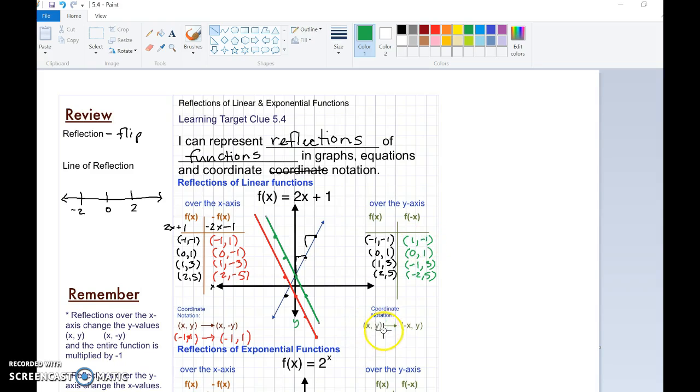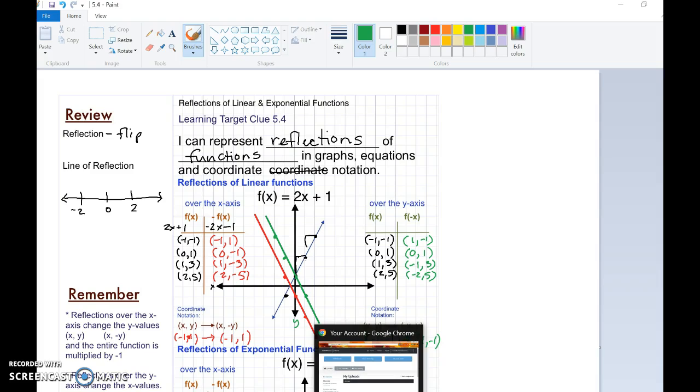So x, y transforms or reflects to negative x, y. So when we look at our first point, negative 1, negative 1, it became 1, negative 1. The y stayed the same, but the x value did the opposite.